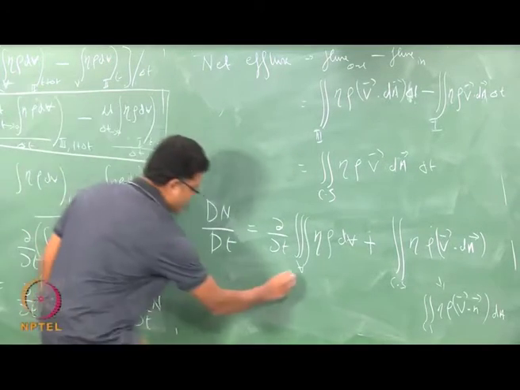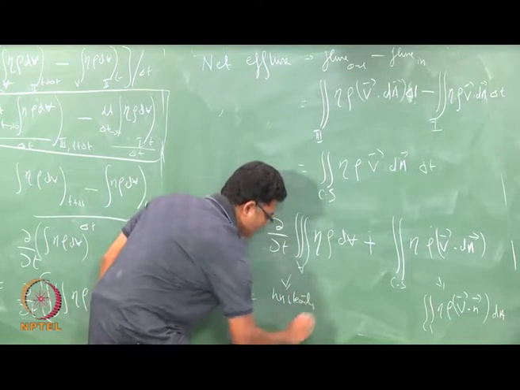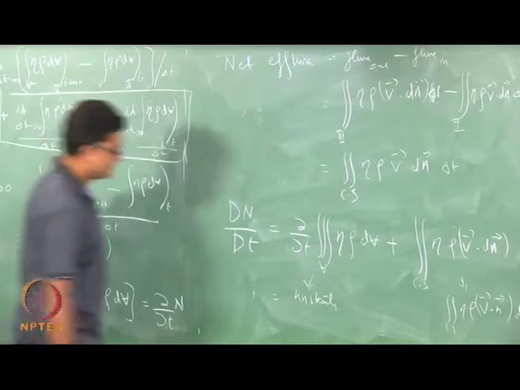This is your unsteady part of the property change, and this is your convective part.